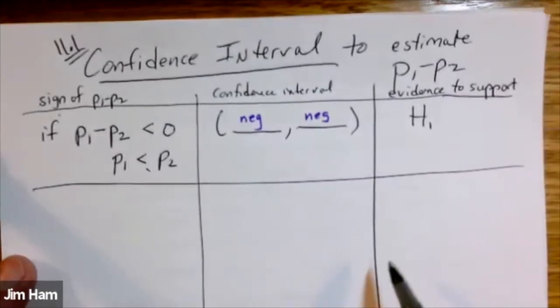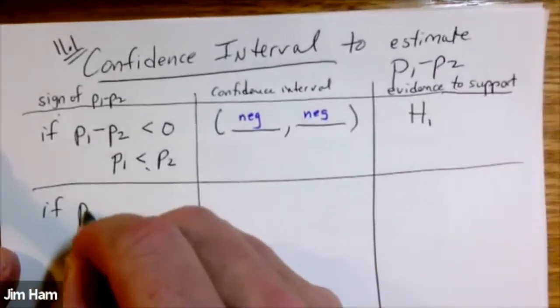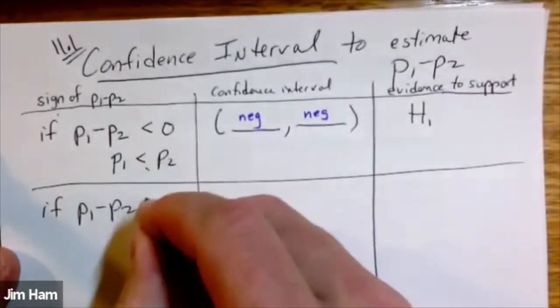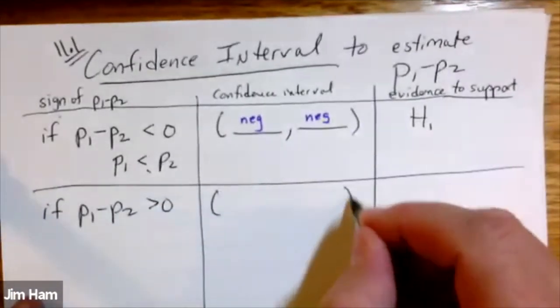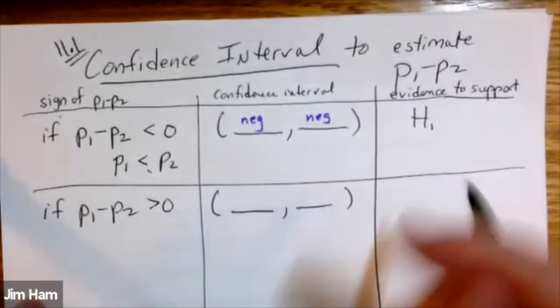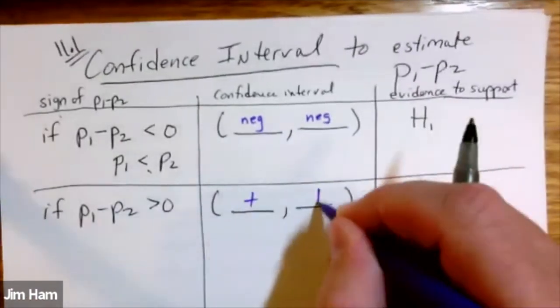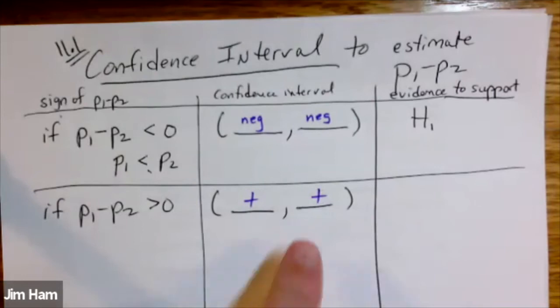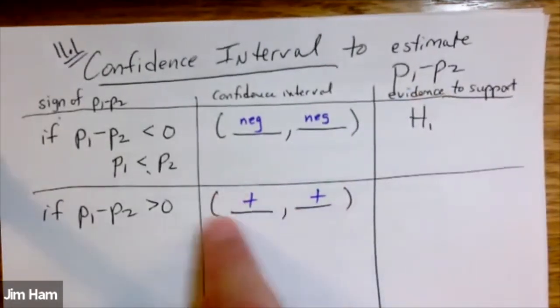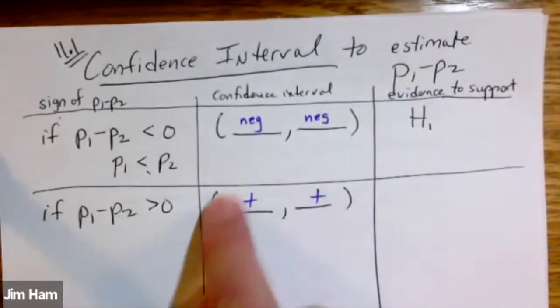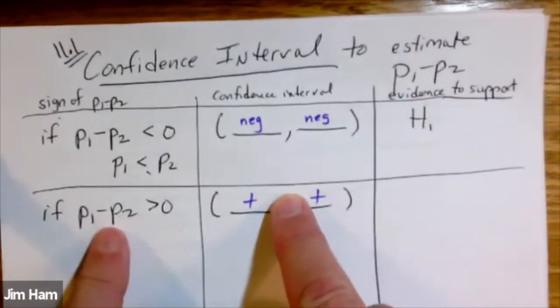All right, two more situations. If P1 minus P2 is greater than 0, that is, you're estimating this and you find a confidence interval that looks like this, where both numbers are positive. So we're estimating P1 minus P2, and we find that this is how we estimate it with an interval. Well, every number in this interval is positive, so P1 minus P2 is positive.